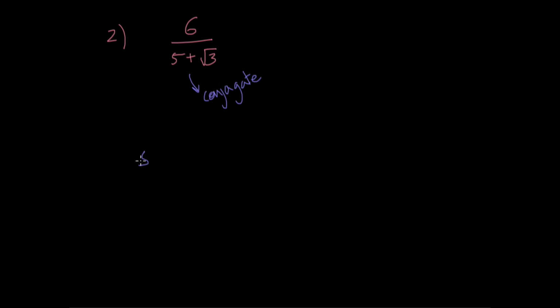So if I have 5 plus root 3, the conjugate will become 5 minus root 3. If I have root 7 minus 21, that would become root 7 plus 21. So this is basically the conjugate, where you just switch the signs.